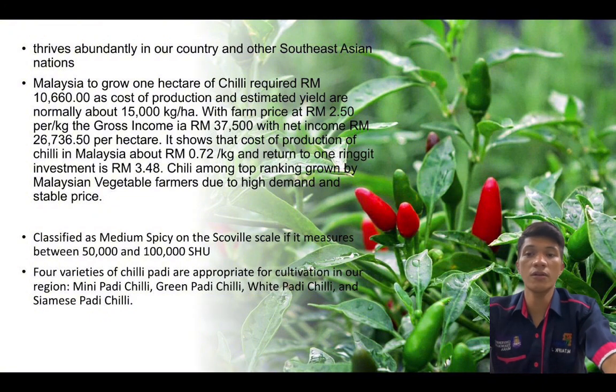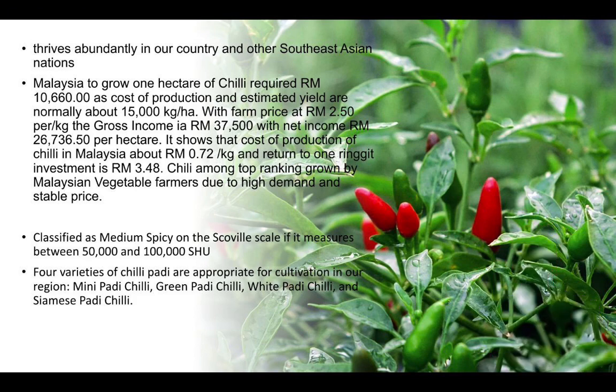It shows that the cost of production of chili in Malaysia is about RM 0.72 per kg, and the return to 1 ringgit of investment is RM 3.48. Chili is among the top-ranking crops grown by Malaysian vegetable farmers due to high demand and stable price.